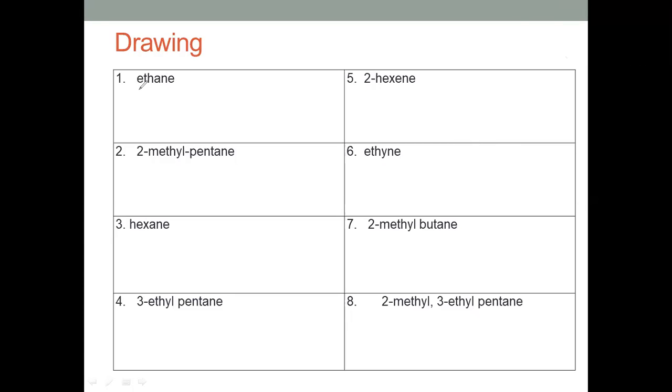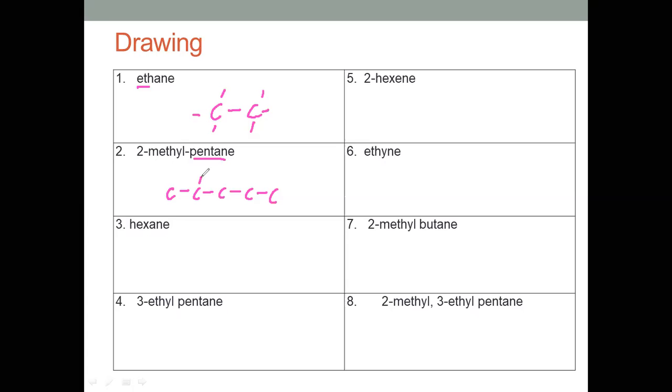All right, F, 2 carbons, ane means single bond. So let's add in our H's, and that one's all done. All right, 2-methylpentane. That means your parent chain has 5 carbons. Methyl, remember, is a group, a branch, and it is coming off the second carbon.